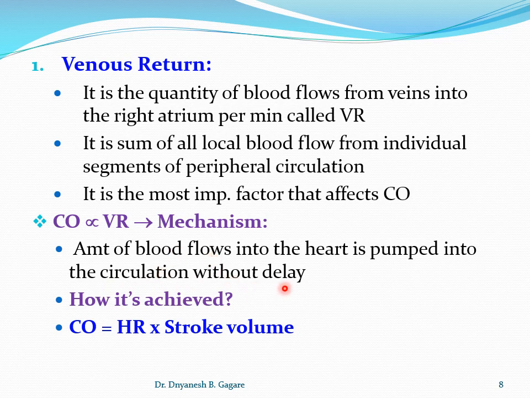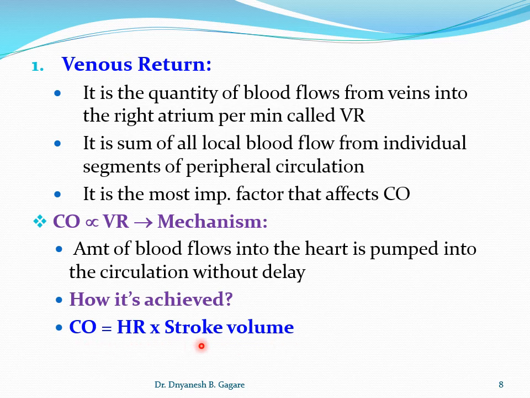Whatever amount of blood is collected in the heart, it must be pumped into the circulation without a delay. And how does the heart achieve it? We'll go there. I want to remind you that cardiac output is the product of heart rate and stroke volume. How is the cardiac output calculated?